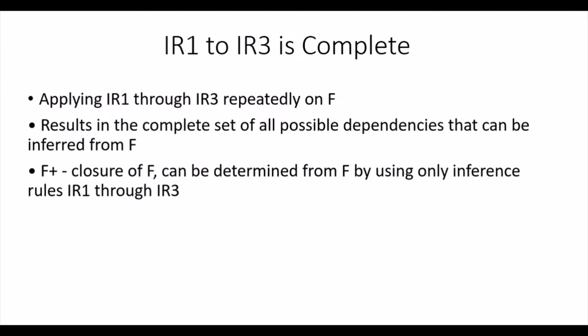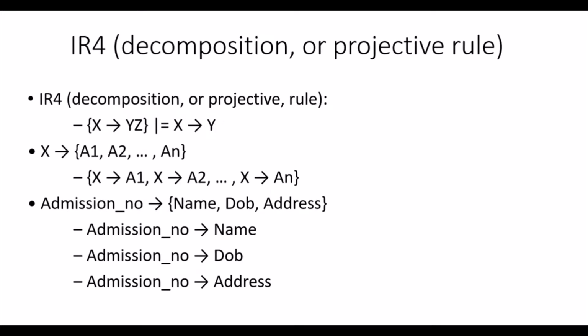That implies X determines Y. Which means, you have X determines YZ, and now you are trying to decompose it. So you'll get X determines Y, or X determines Z. From X determines YZ you get X determines Y. For example, X determines the set A1, A2, etc.